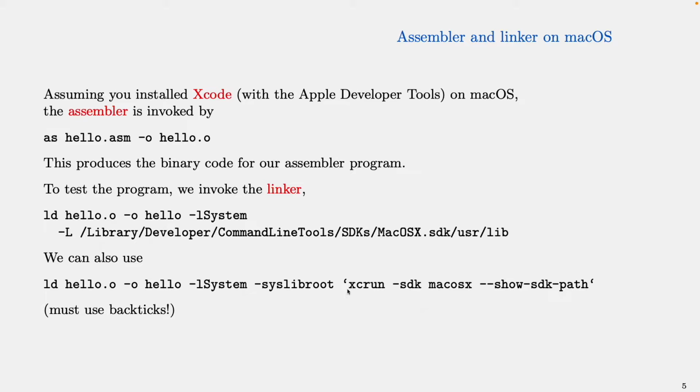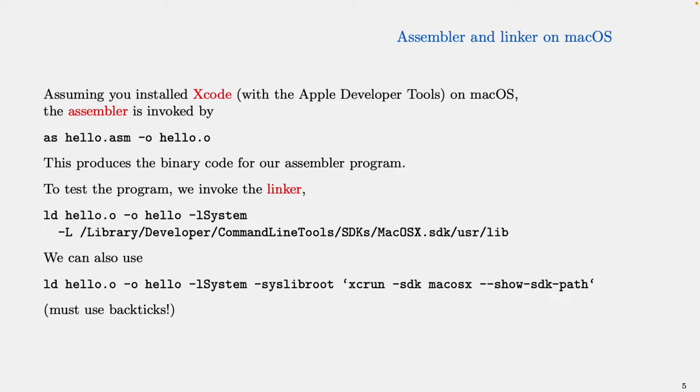And these backticks here, you may or may not know this, but in a shell on Unix, you can enclose an argument for a command line command in backticks, and then the statement within the backticks will be evaluated as a shell command, and the output of that command will be put in as the argument here.